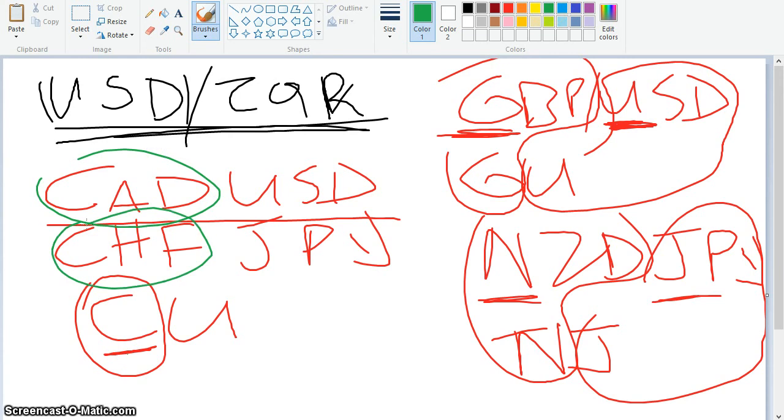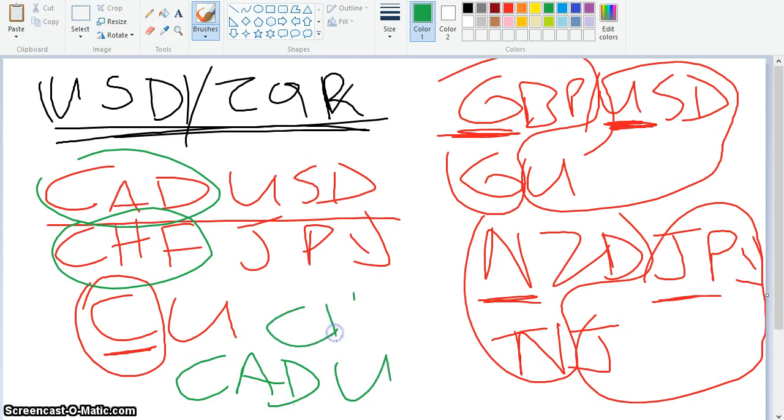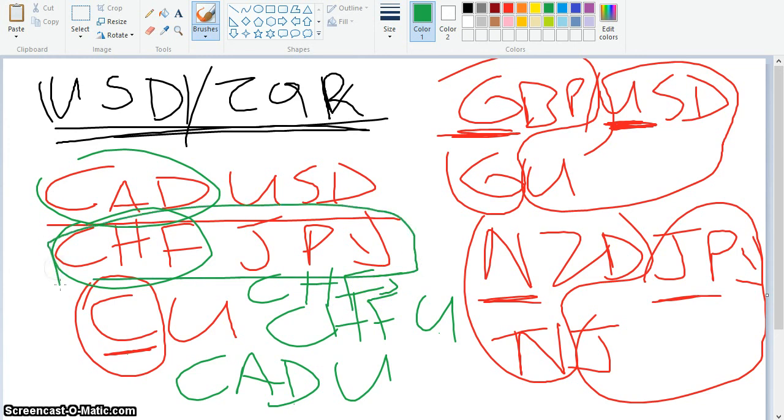So when it comes to these two, we just say CAD. You just have to specify which one you're talking about, and then you can say CADU or CHFU. Then I know you're talking about Swiss franc and USD, and here CHFJ, so then I know you're talking about CHF JPY. Since they both start with C, there is a problem. You can't just say CU, because I won't know which one you're actually talking about.